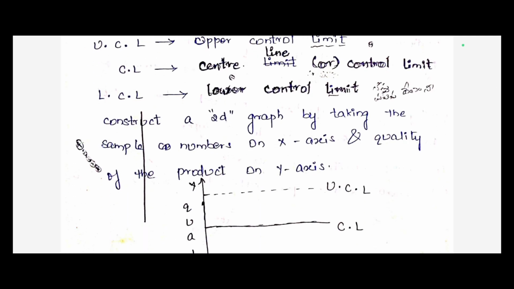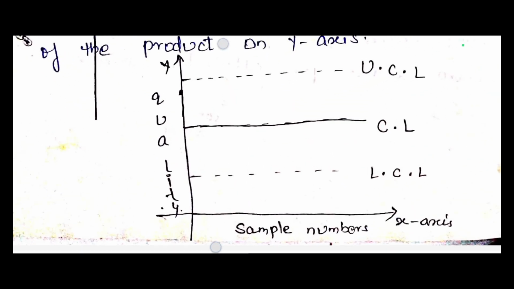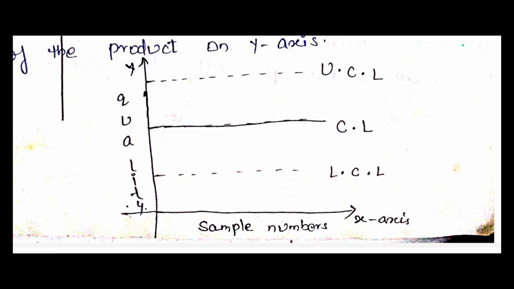Construct a 2D graph by taking the sample numbers on the x-axis and the quality of the product on the y-axis, and the UCL, LCL, CL values will be there.